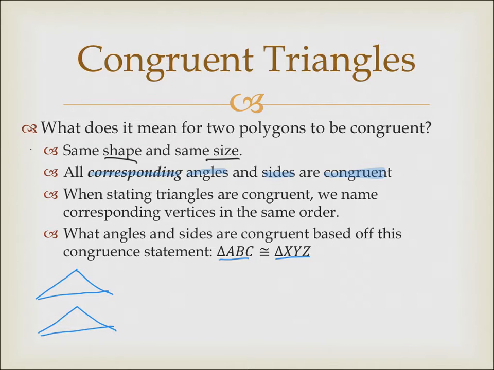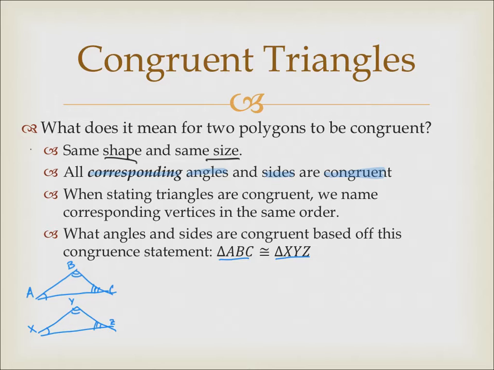If I were to name this top one A, B, C, because of my congruency statement, X has to be over here, because that is the corresponding angle to A. So A is congruent to X because these two angles are corresponding, which means that then you have Y and then you have Z over here. So you should always be able to draw the appropriate picture from the statement.